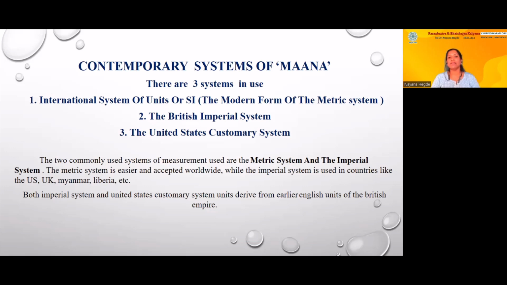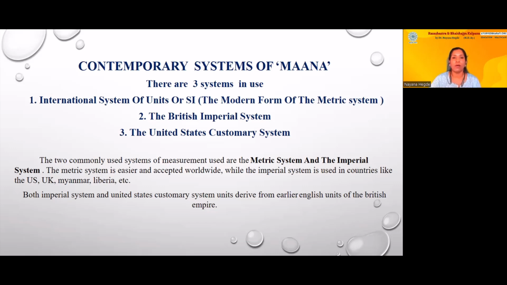Metric system is easier and accepted worldwide, whereas imperial system is used in countries like US, UK, Myanmar and so on. Both the British imperial system and the United States customary system are derived from the earlier English units of the British Empire.